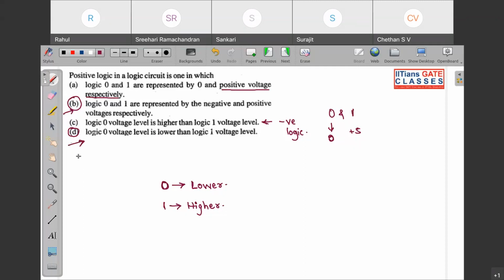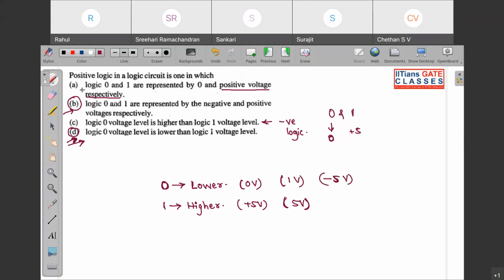This will be true. You can take 0 volt here and 5 volt here, or 1 volt here and 5 volt there. It depends on you. This statement is correct, but it needs to always hold true. I can even represent logic 0 as -5.